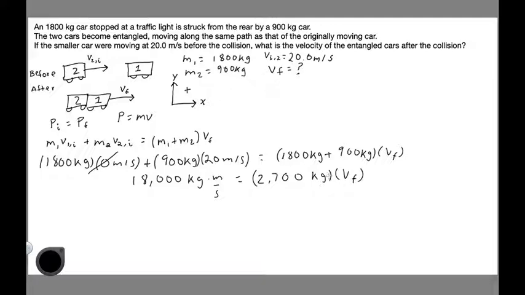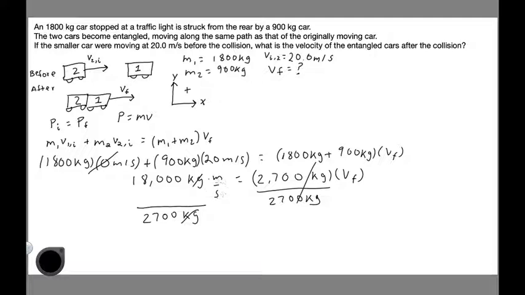And to isolate the final velocity, to get velocity by itself on one side of the equal sign, we will divide both sides by 2,700 kilograms. And as you can see, these will cancel out, and these kilogram values will cancel out.